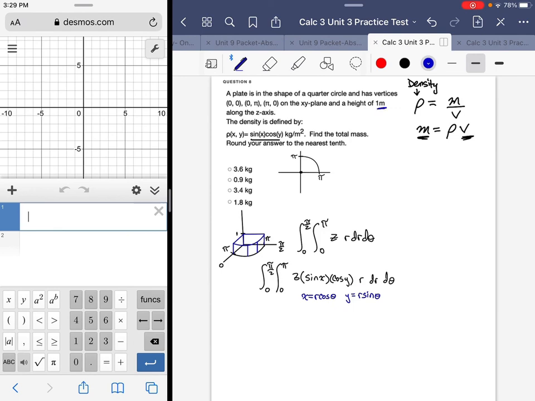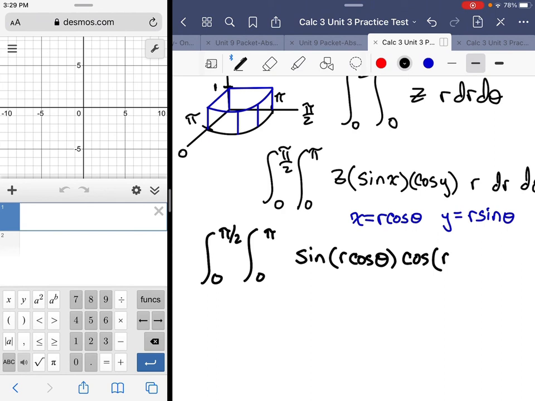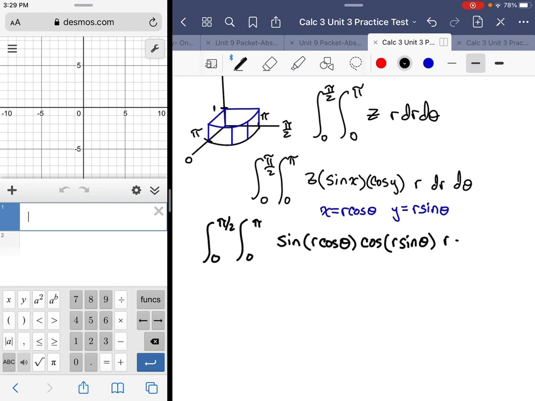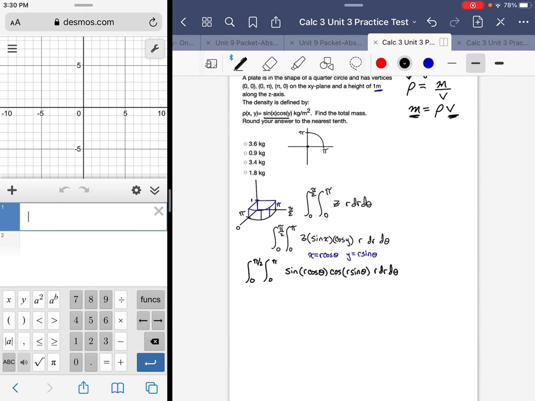They told us that. Height of 1, that's not changing. So we'd be looking at 0 to pi over 2, 0 to pi, sine of r cosine theta, and then cosine of r sine of theta, r dr d theta. So that's one possible way to go.